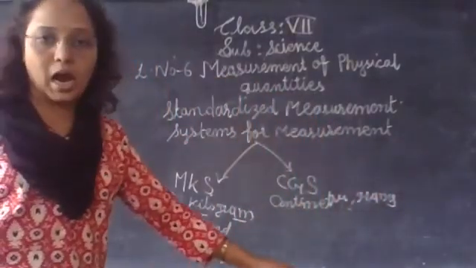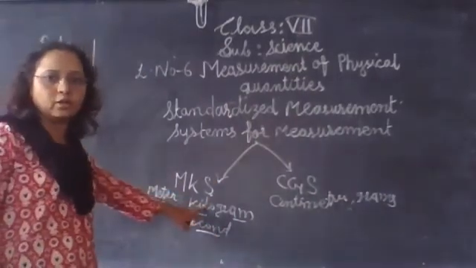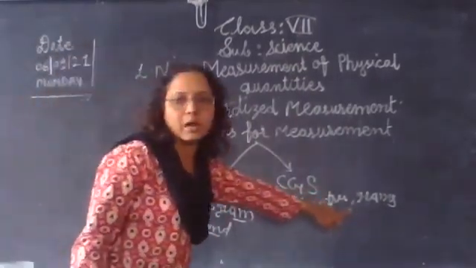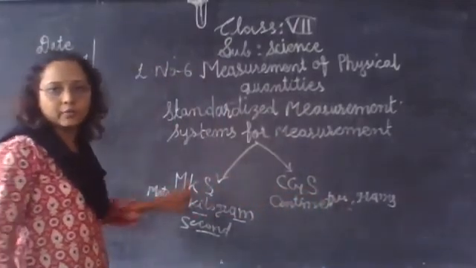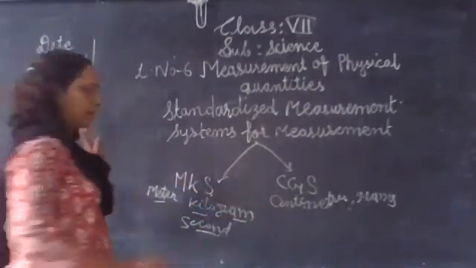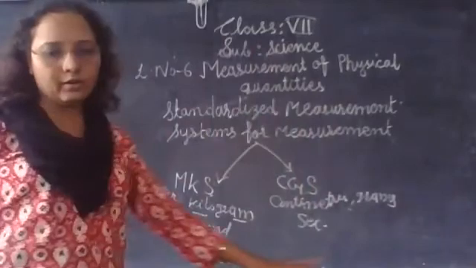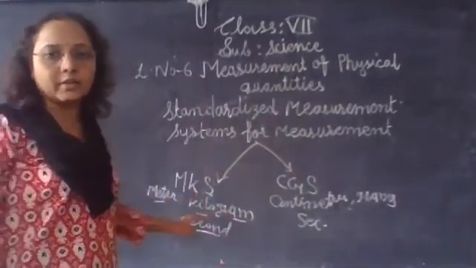Mass is in grams. Okay, 1 gram, 2 gram. Here is kilogram, here is gram, here is meter, here is centimeter, and time is in second.